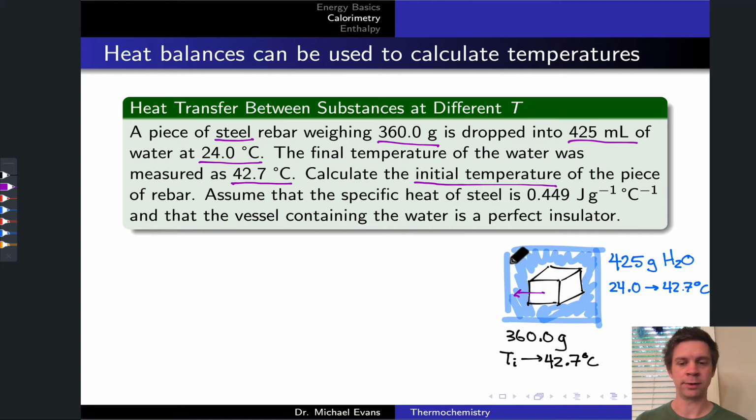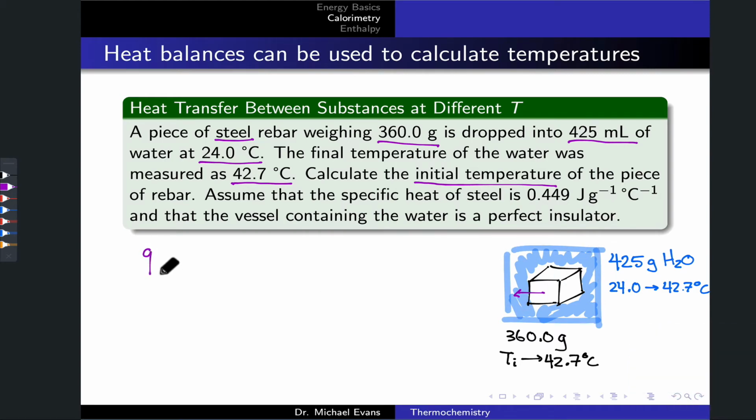There's the first law coming into play. We're assuming no heat flows beyond the bounds of this outer blue box. So the heat released by the steel is going to be equal and opposite in sign to the heat absorbed by the water. And now we can take each heat term and expand it based on the information we have.